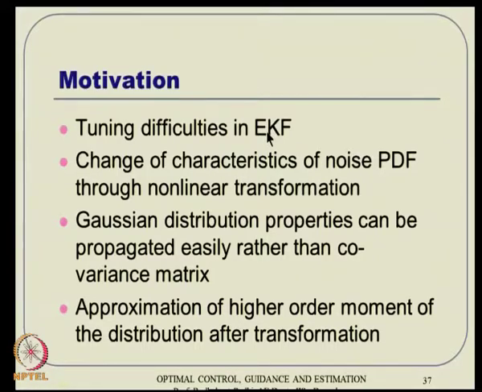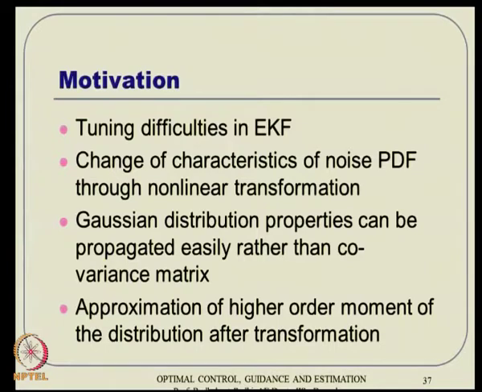The second motivation is the change of the characteristics of the noise PDF through nonlinear transformation. You can still characterize it as a time varying Gaussian PDF, it is not stationary. You can still interpret it as a Gaussian PDF, but its mean and variance will keep on varying.